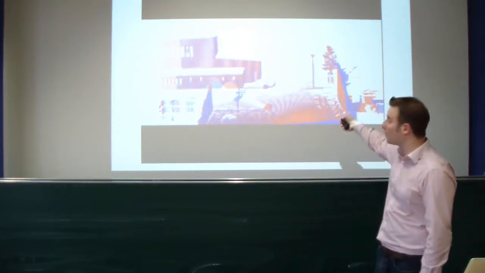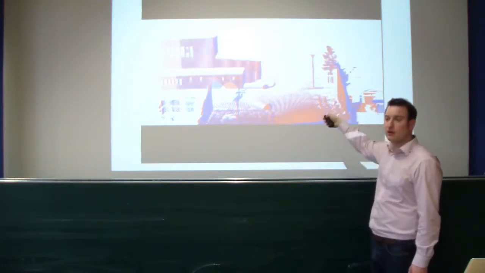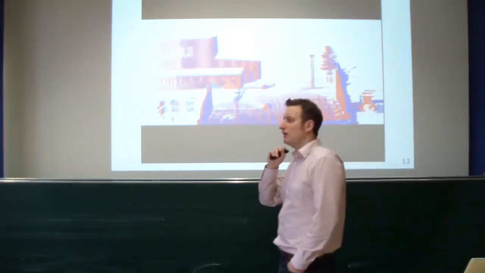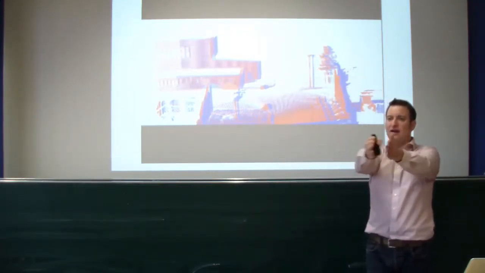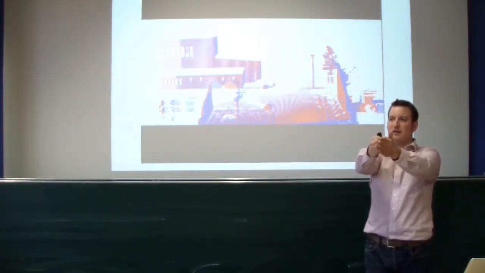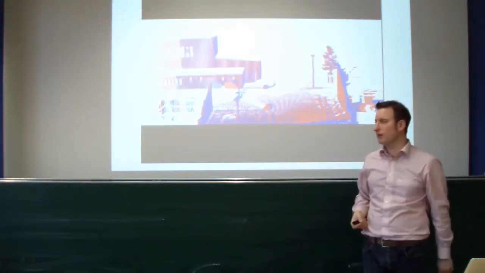If you have points that are far away, like in this area over here, it doesn't hold anymore. What you typically take into account is a discount for points which are very far away, to account for the fact that the opening angle of the scanner generates points which are further apart. We have a weighting function there.